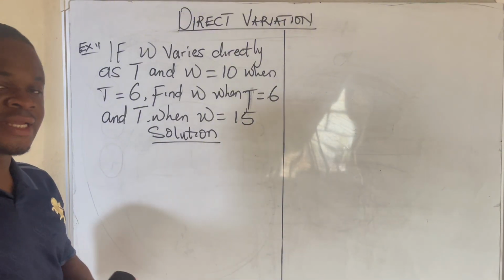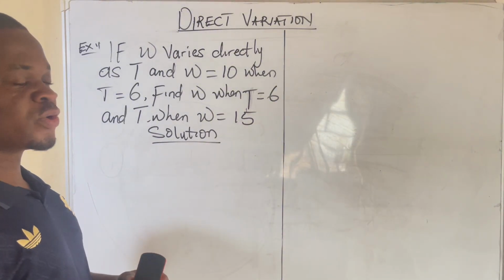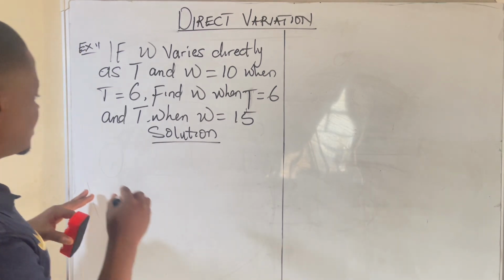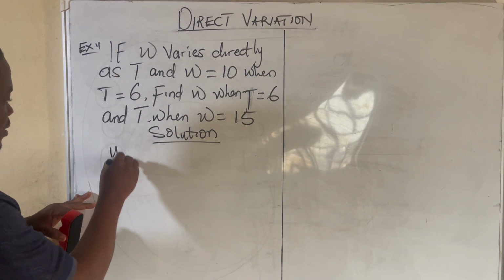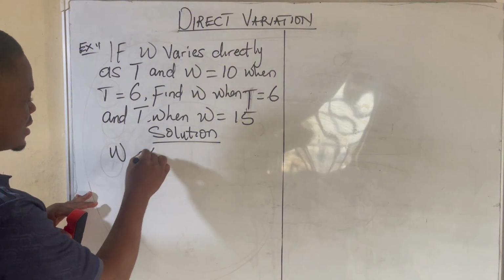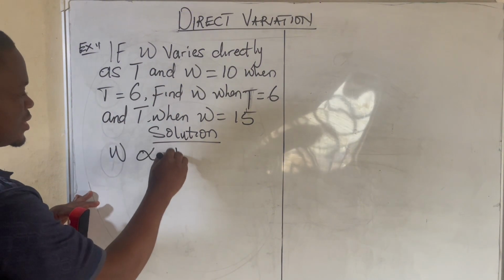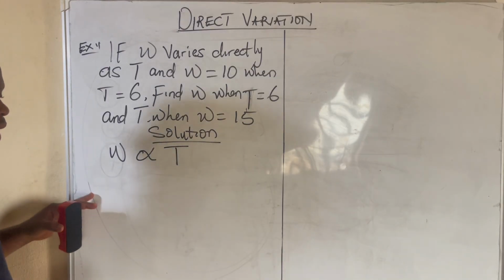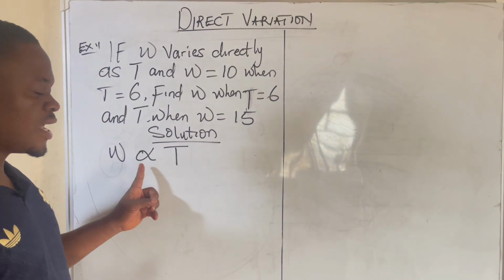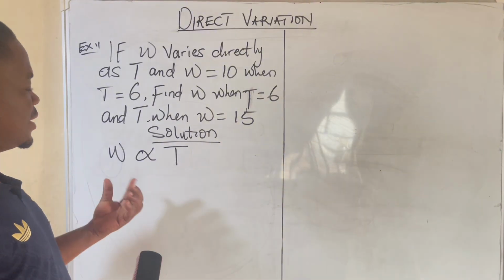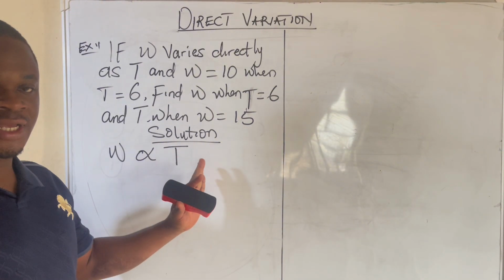We explained that if two quantities vary directly, that is going to be represented in this form: W varies directly as this other quantity T. And for us to remove this variation sign, we need to introduce a constant on the other side.